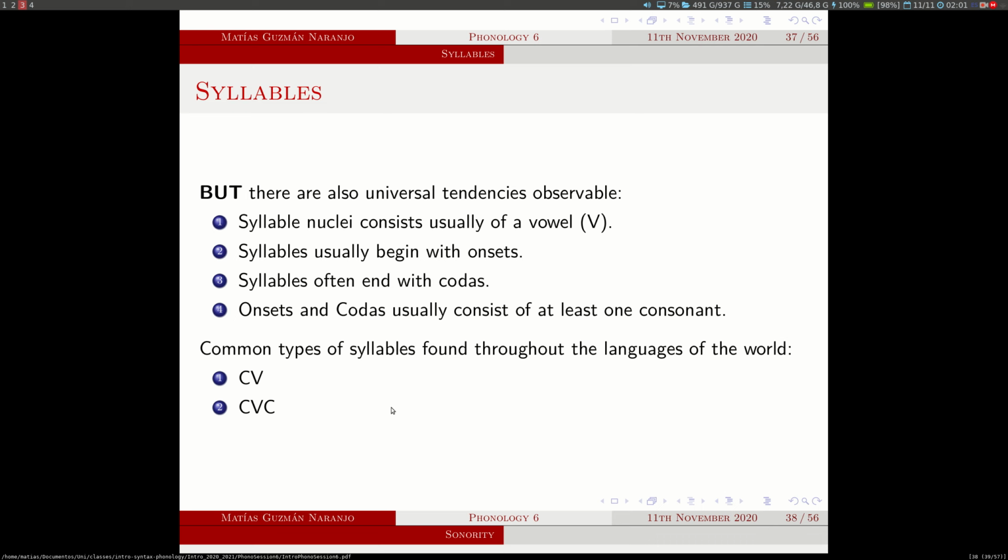We already discussed syllabic consonants, but those are not very common. Syllables usually begin with onsets. Syllables often end with codas, so syllables without onsets are relatively rare cross-linguistically. They do happen, but they are not the most common one. And onsets and codas usually have 1 consonant. More consonants are relatively rare.